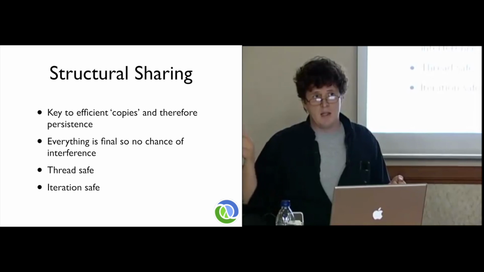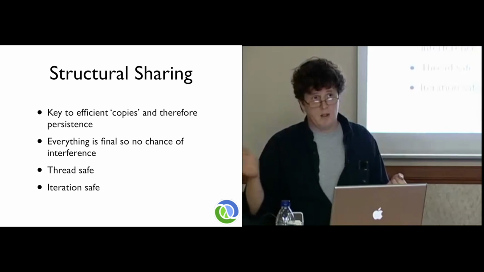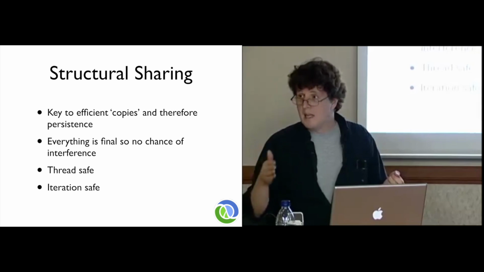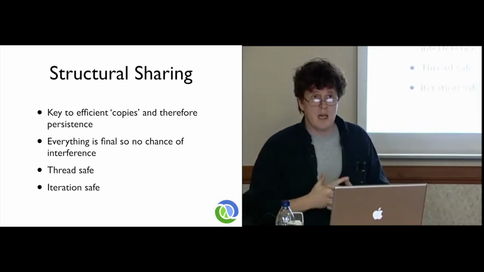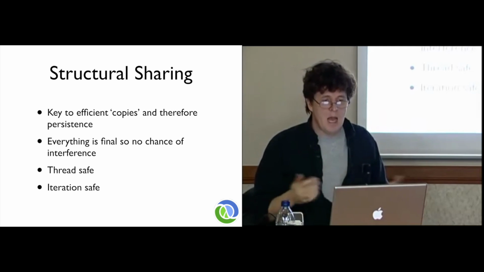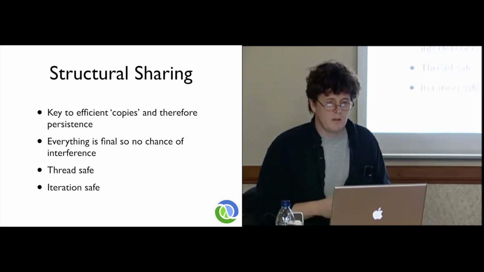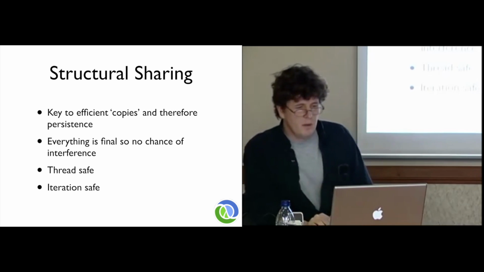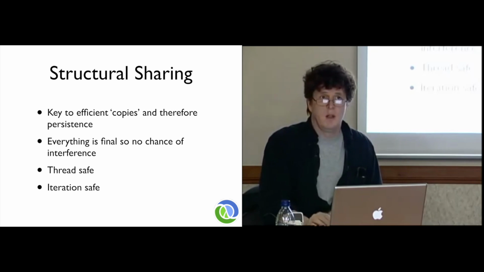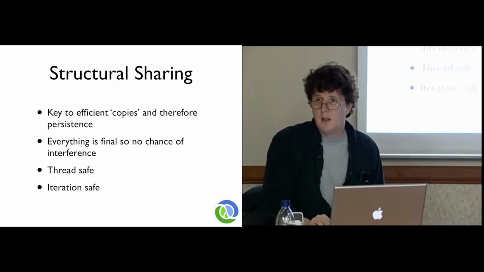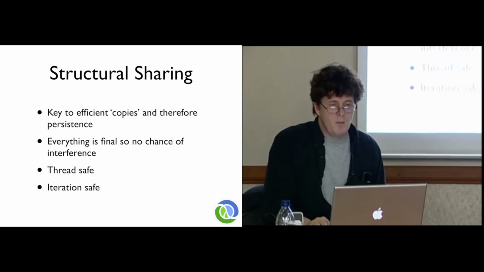The vector has ArrayList kind of capabilities to insert and grow at the end, so it's not a statically sized vector. And the hash map is a full map: lookups, make new associations, and all of that. So structural sharing is the key to this efficient persistence. It allows you to keep the performance characteristics.